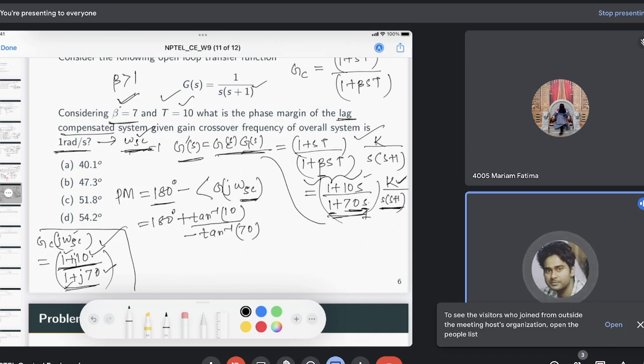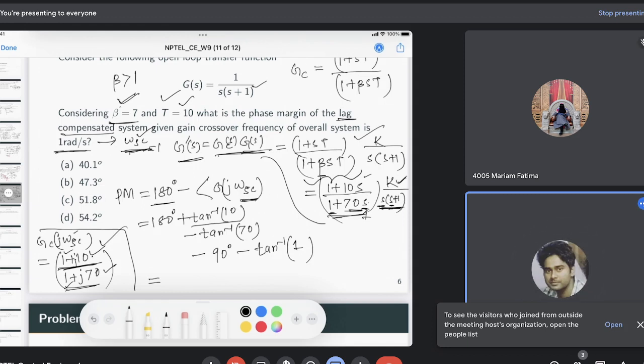For the pole at the origin, the s term, that is j omega, it will be 90 degrees, and the other term will be tan inverse of imaginary by real, which is 1 by 1, so tan inverse 1. So we compute that, again using a calculator.